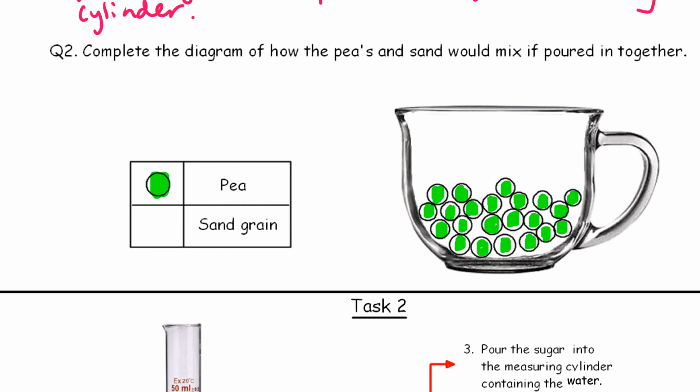And when you add the grains of sand, they fill in the gaps.